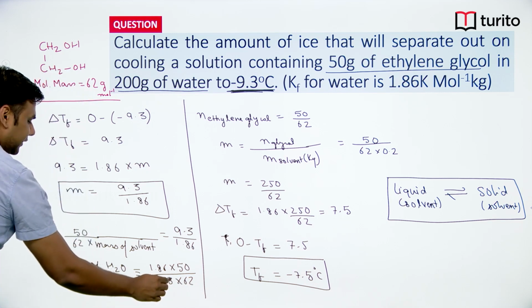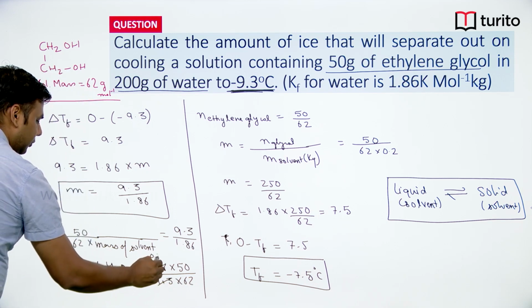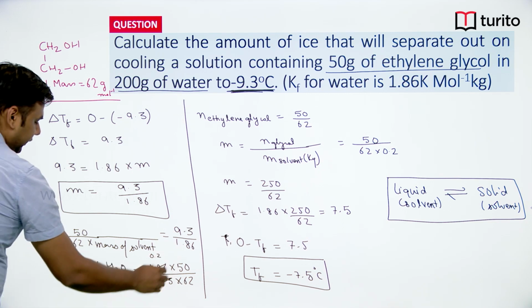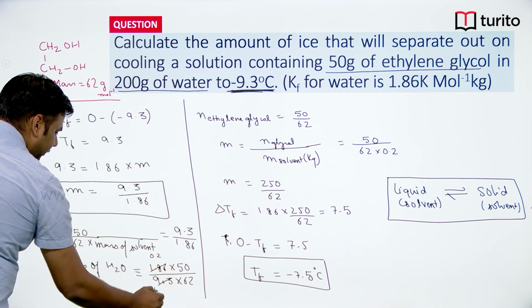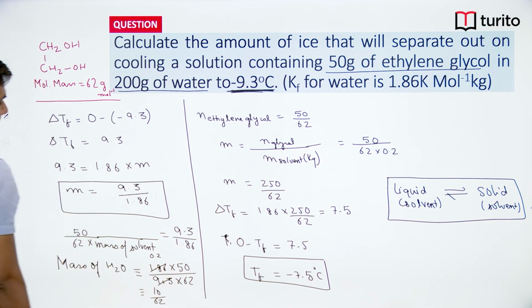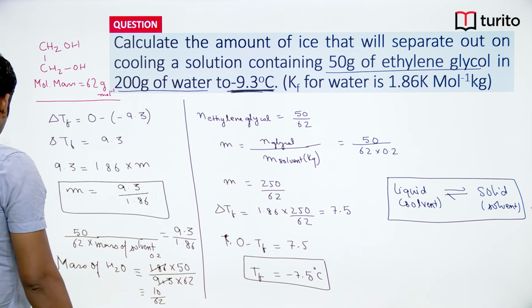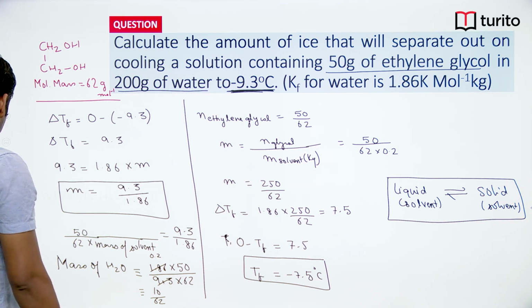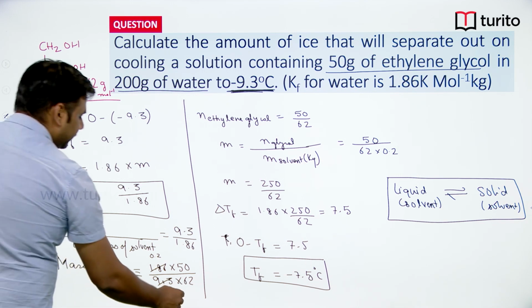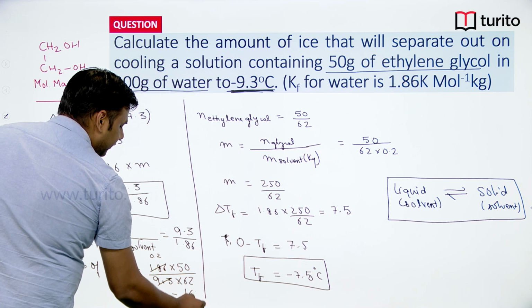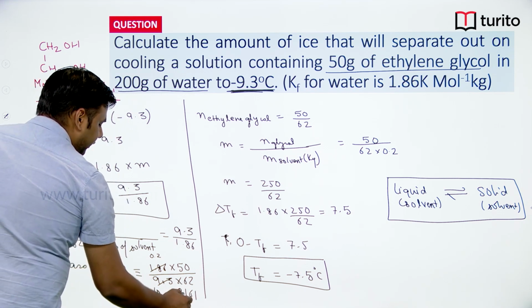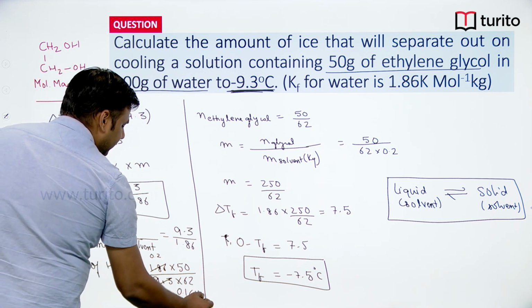Okay, you can clearly see that if you cut this, this is 0.2, so this is 10 upon 62. We have to just calculate this, so I will calculate with the calculator. 10 upon 62 is 0.161 kg.